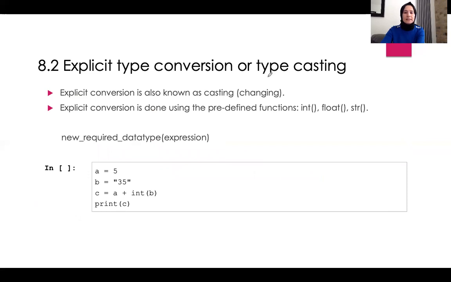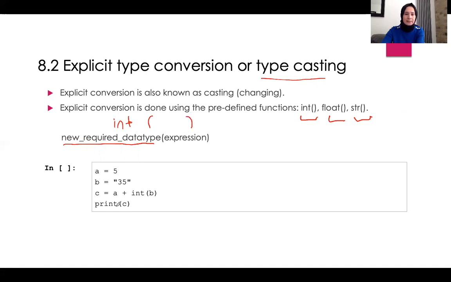This is called typecasting, or explicit type conversion. Explicit conversion is done using predefined functions such as int, float, or str. You have to write the new required data type, so if you want to turn it into an integer, you type the required data type, and then you insert the expression inside it.